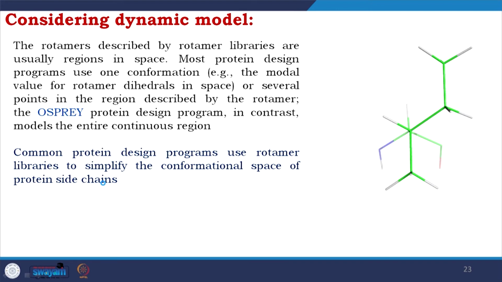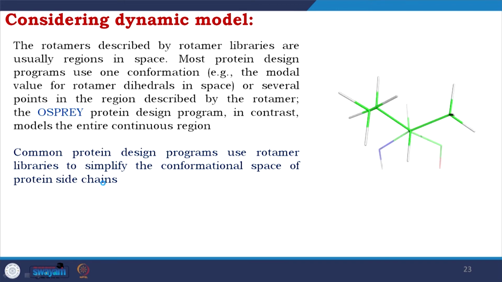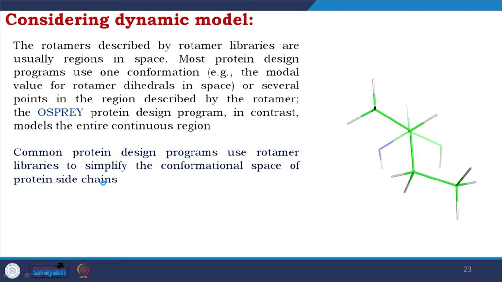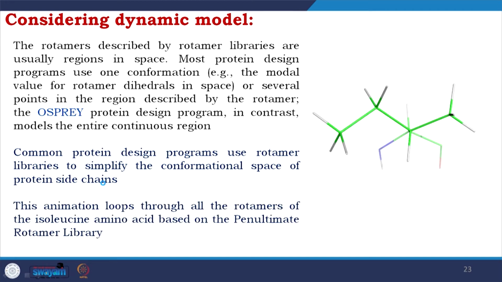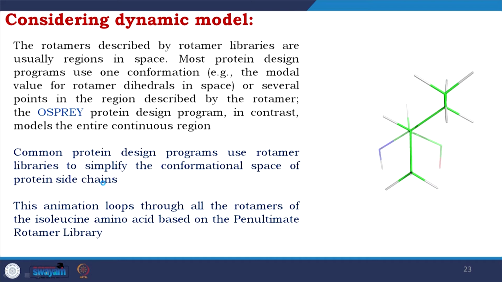So, the common protein design programs use rotamer libraries to simplify the conformational space of protein side chains. If you look at this animation, it loops through all the rotamers of the isoleucine amino acid based on the penultimate rotamer library, which is one of the premier libraries at the initial stage of protein designing, provided by Richardson.